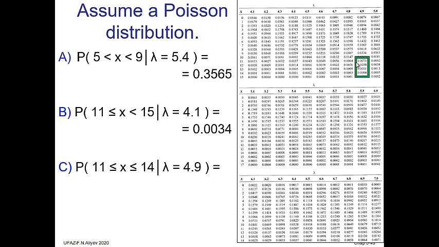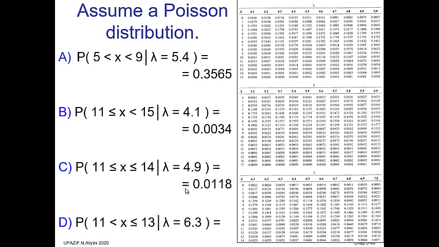This answer, these probabilities you should add. And for D part, 12 and 13, just two numbers for lambda 6.3. Yes, just these two numbers, and the answer 0.0223.